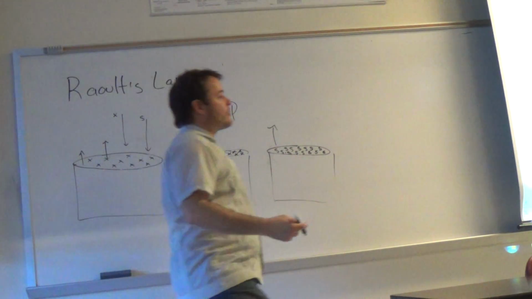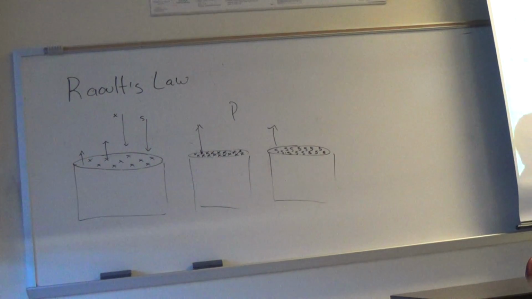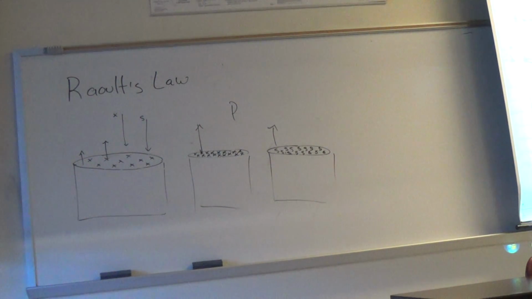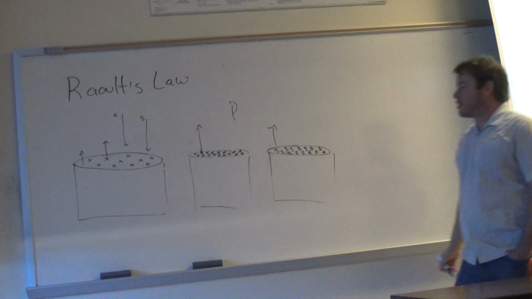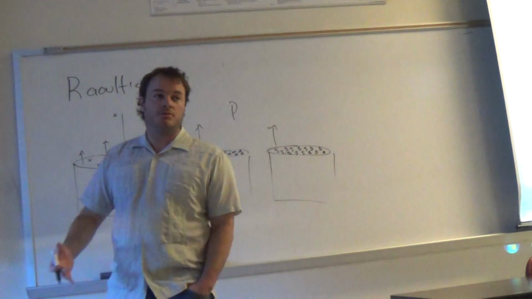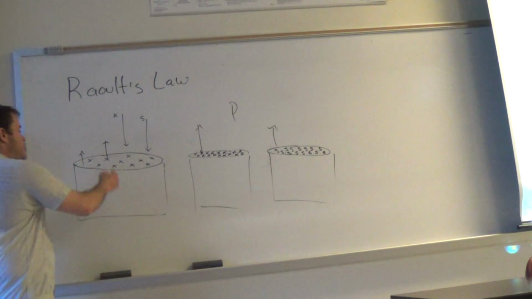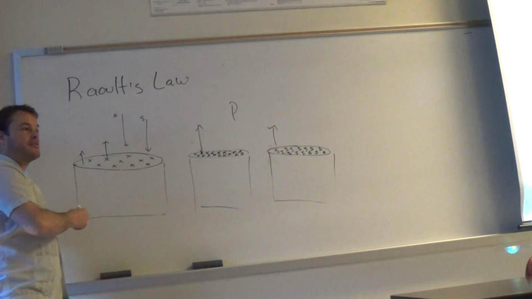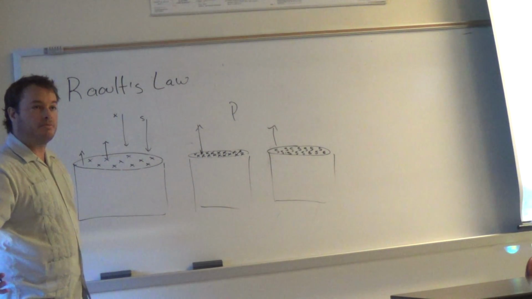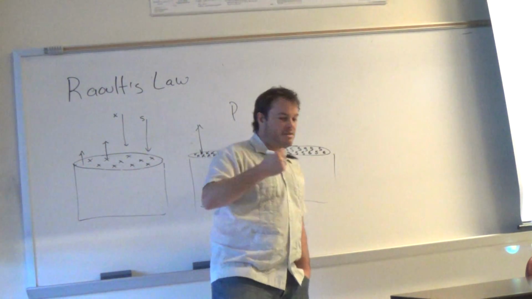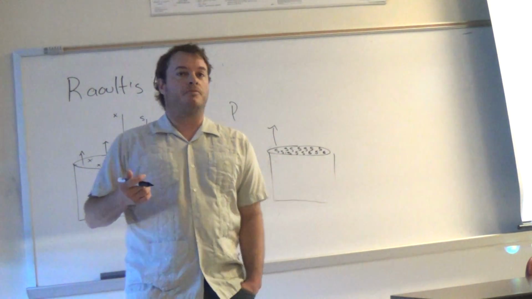And you won't have a relationship where the pressure in the gas phase is simply a function of the mole fraction times the pressure of the pure. But in the case that those interactions are identical, you will have that simple relationship because the surface area available to the species is proportional to the mole fraction, and the forces binding the species to the solution are identical.